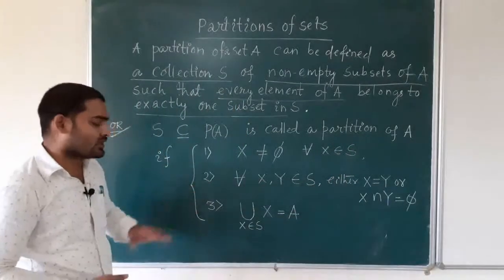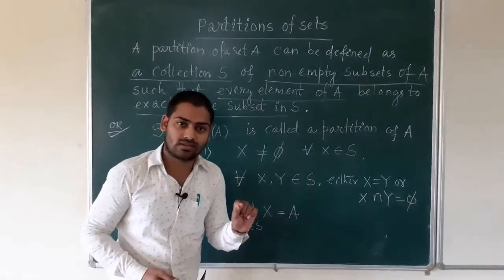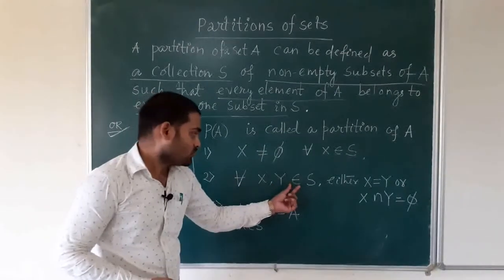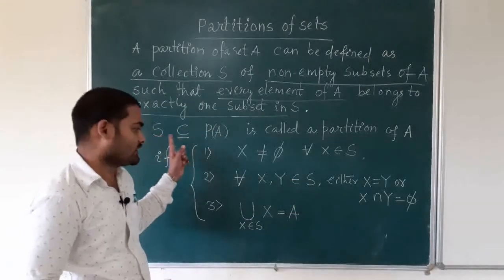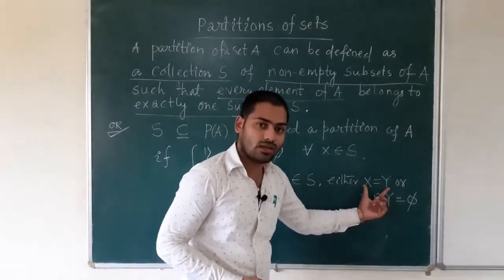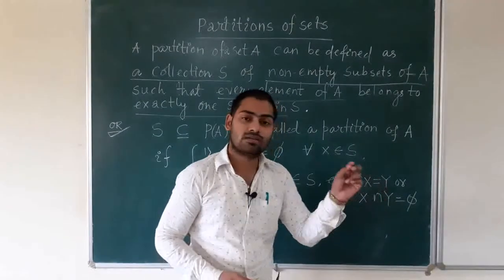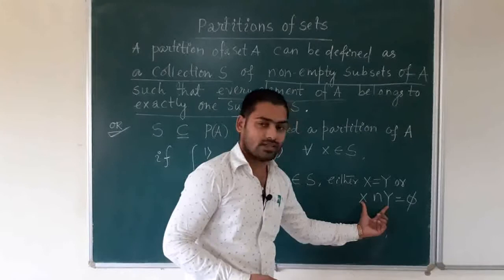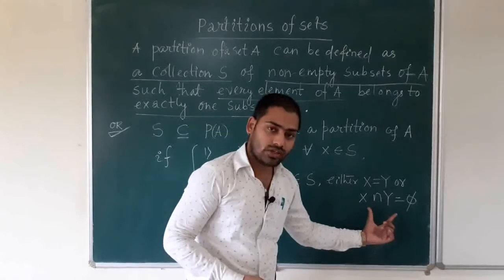And the second condition is that for every two sets X and Y which belong to this collection S, either they are equal, that is identical, or these two sets X and Y are disjoint.